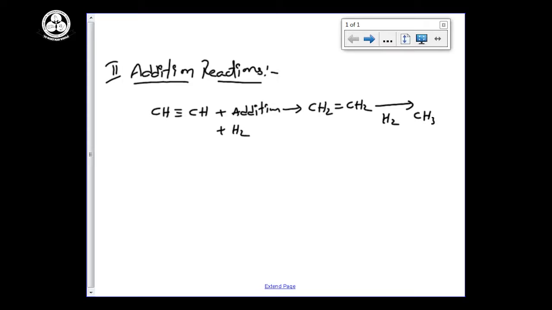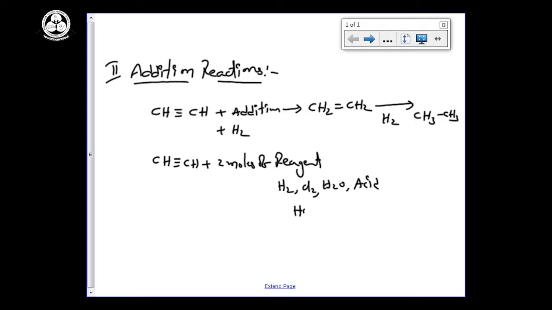What we have to observe is that by addition of 2 moles of any reagent to alkynes, CH triple bond CH, the reagent may be H2, halogen, water, acid, HOCl, HX, whatever you are adding, with 2 moles it finally becomes alkane.